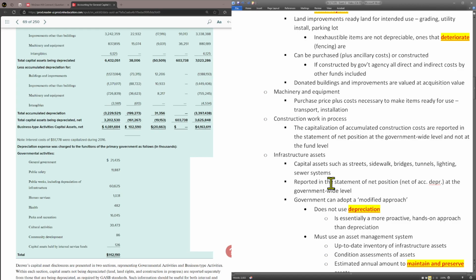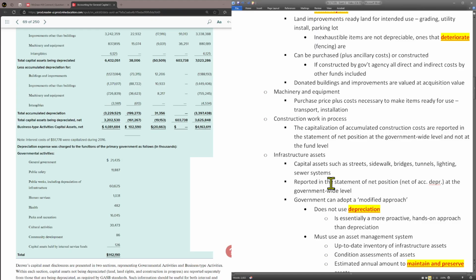Construction work in process: the capitalization of accumulated construction costs is reported in the statement of net position. The reason is that this is a big asset, right? As we capitalize costs and turn them into this work-in-process asset, remember that it gets reported in the government-wide activities, because that's where we have long-term assets and long-term liabilities.